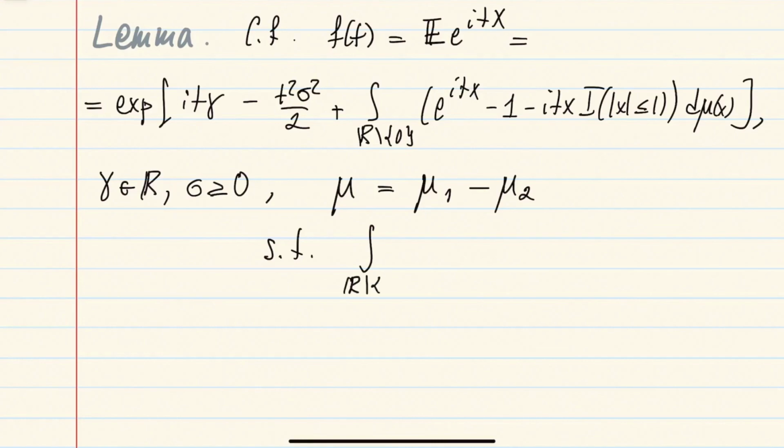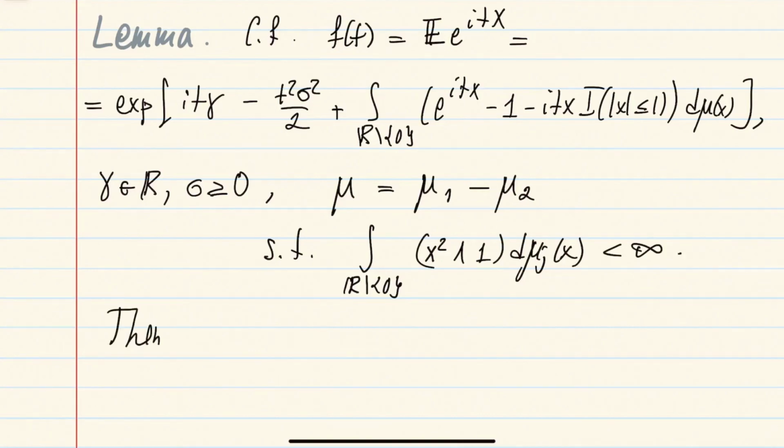Namely that the integral of x squared truncated at 1 with respect to the measure mu j is finite. Then such representation is unique.